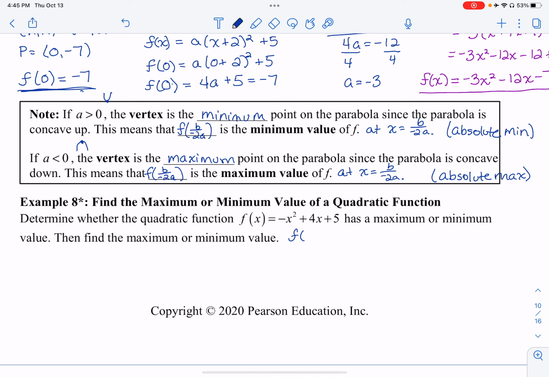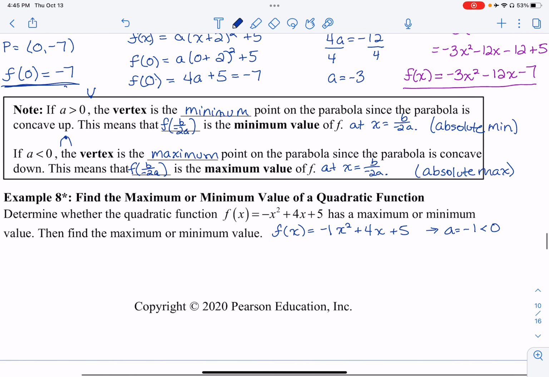If we rewrite this, f(x) = −1(x² + 4x + 5)... so a = −1, which is definitely less than 0. That means we're concave down, and so the vertex is a maximum.